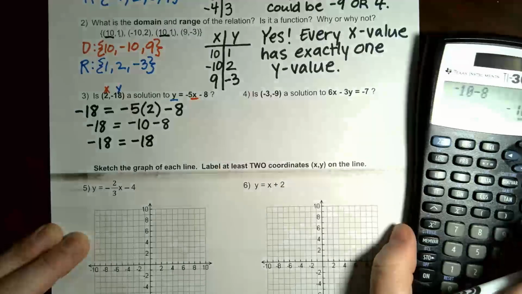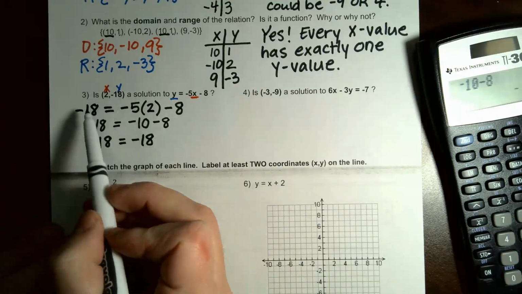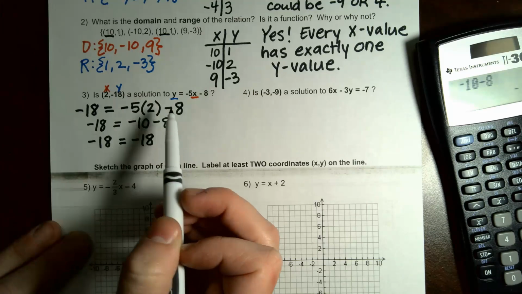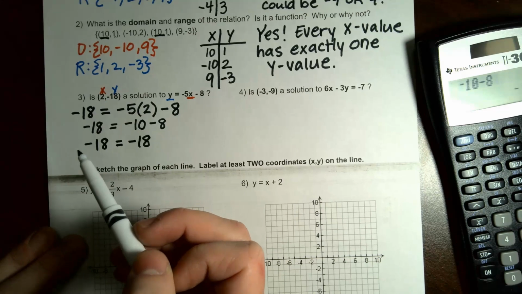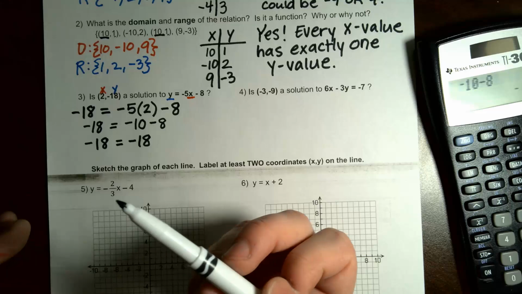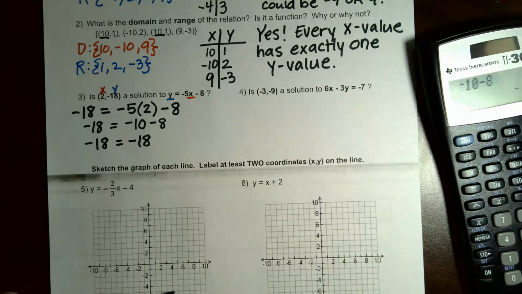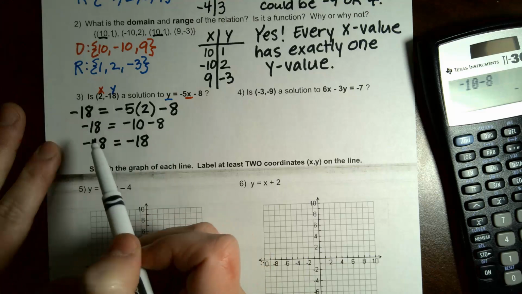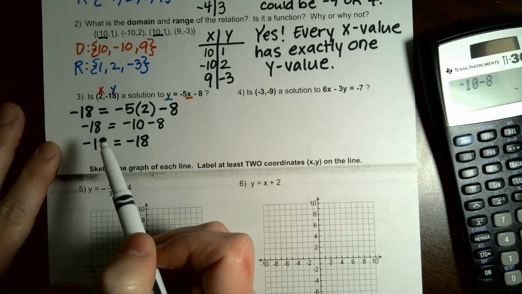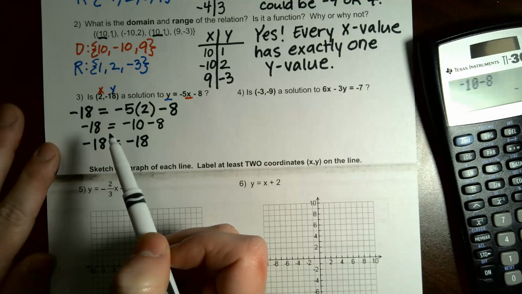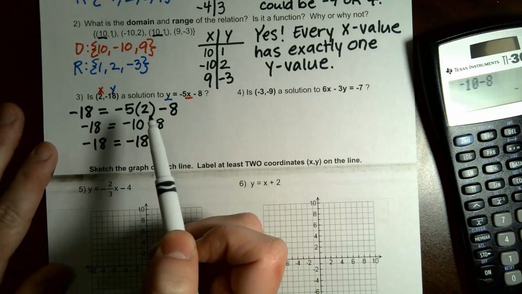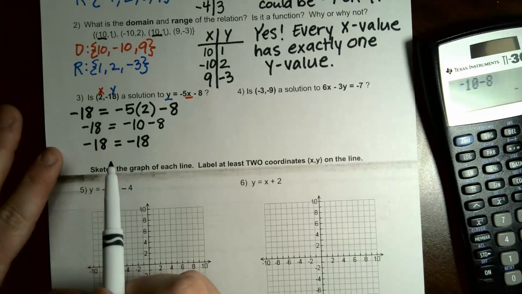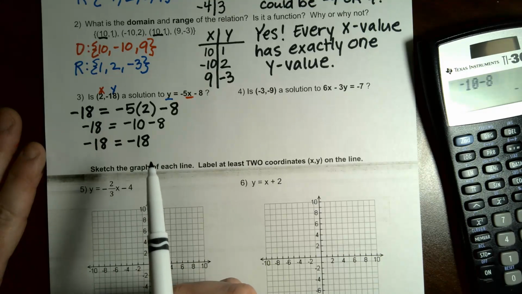So on your quiz tomorrow, you don't have to write out all of these steps necessarily. If you can do some of it in your head and just plug it in your calculator, that's fine. However, I want you to listen. Whenever we are doing a problem like this, if you accidentally type in the wrong number or put something in the wrong place and you don't get negative 18 equals negative 18, I'm not going to know what you did wrong unless I see your work.